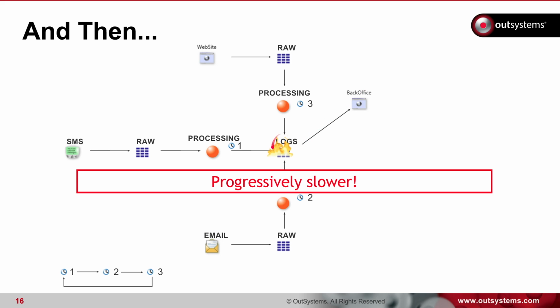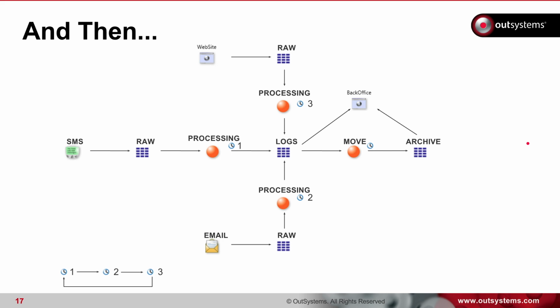So why don't we move all data here to an archive entity? And that is actually the solution. There is an archive entity. We add a fourth timer process that archives old log entries here, because each of them runs after the other.